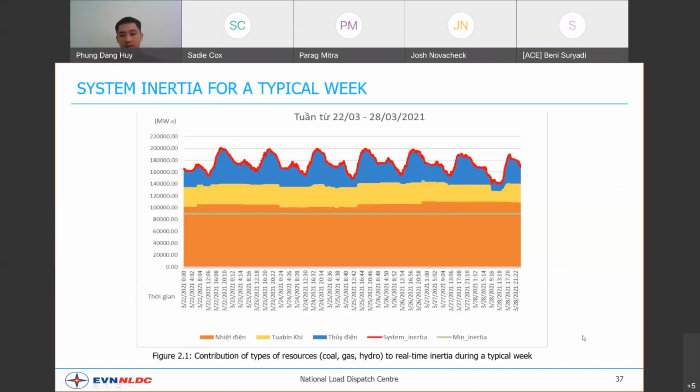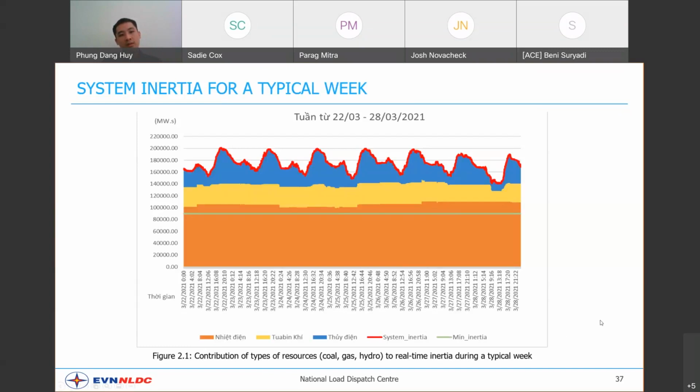And so this is the result for a typical week in March 2021 this year. So normally our inertia values are well above the minimum inertia throughout the week. Next slide, please.